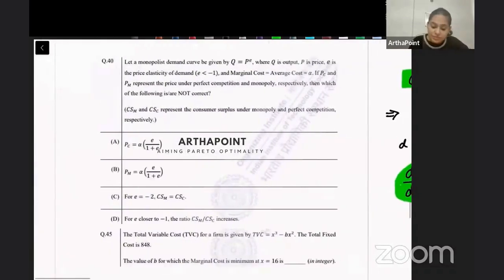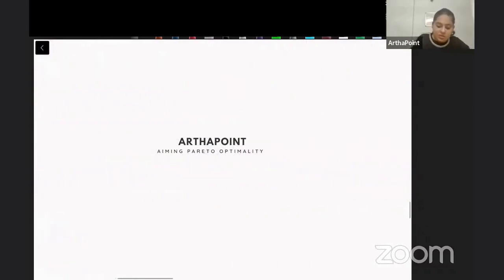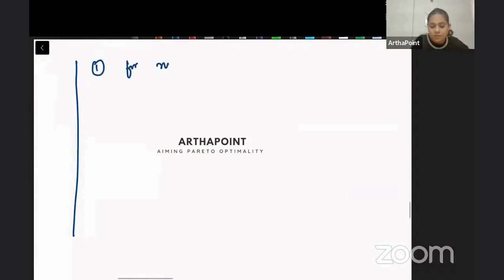Now it says that PM is the monopoly price and PC is the perfect competition price, and CM and CS are the consumer surplus under monopoly and perfect competition. Which of the following is correct? First statement: for monopoly, how do you find equilibrium? Equilibrium is attained where MR equals MC.